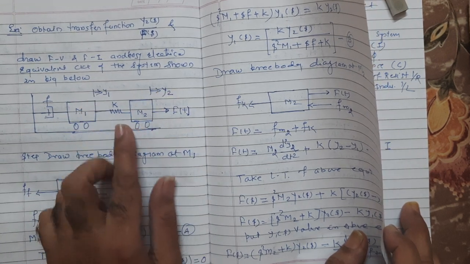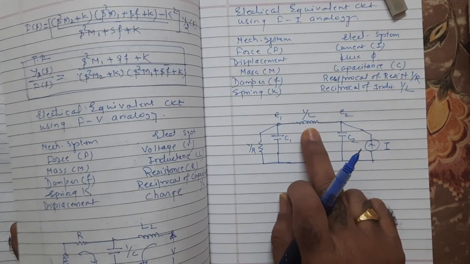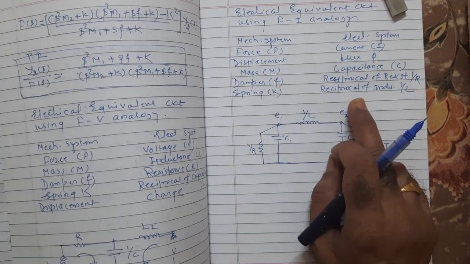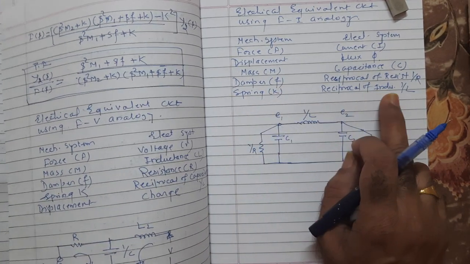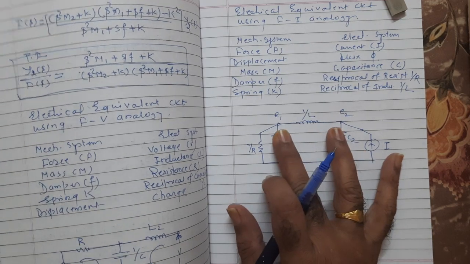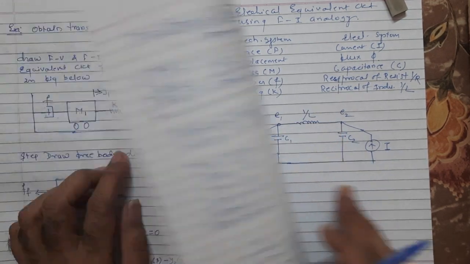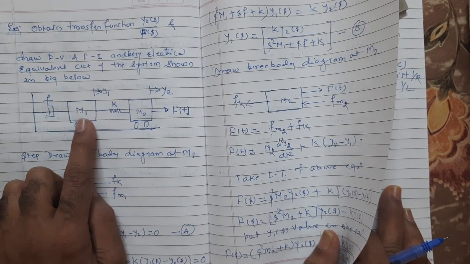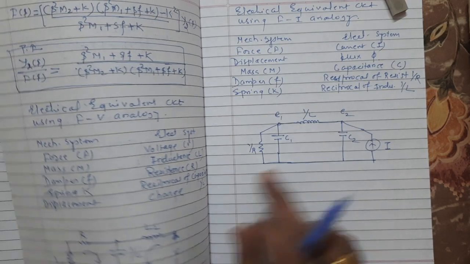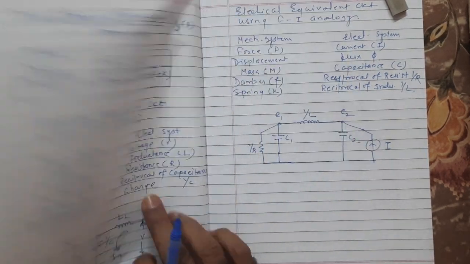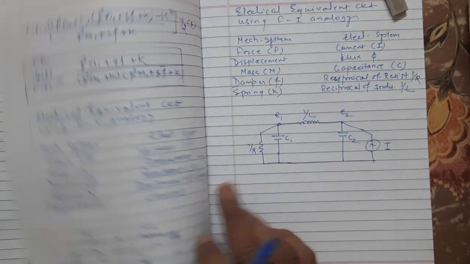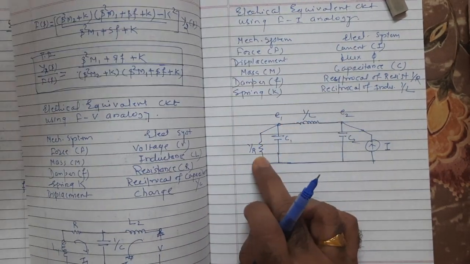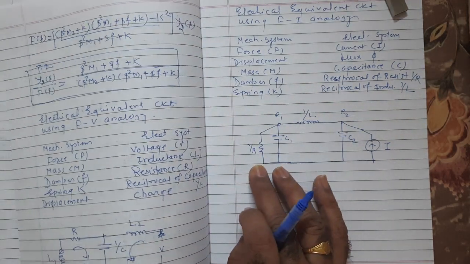Here between Y1 and Y2 only K is connected, so we will connect the reciprocal of the inductance, because the spring equivalent is the reciprocal of the inductance, that is 1 by L. Then Y1 is associated with M1. M1 is C1, so we will connect C1, and this E1 is also connected to F, that is 1 by R, and we will connect it together.